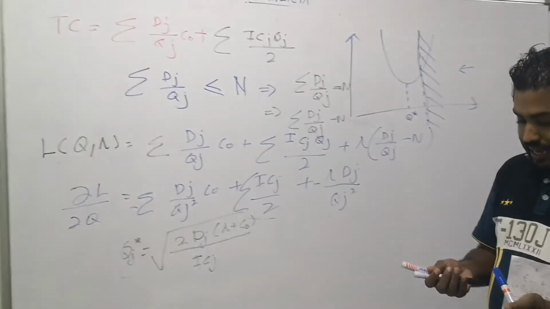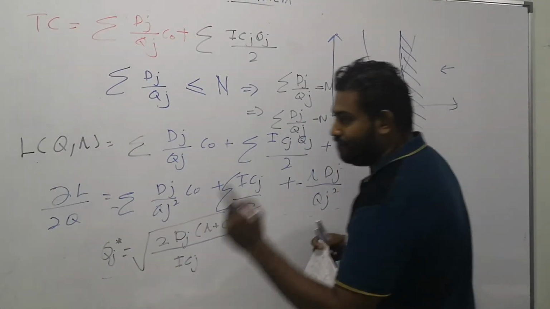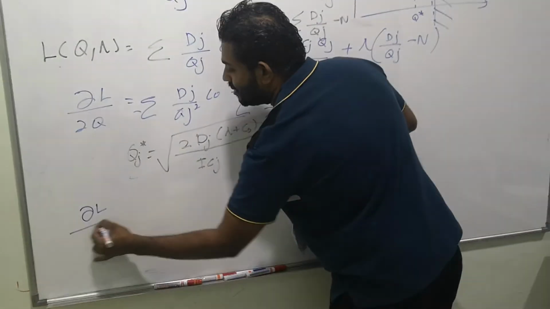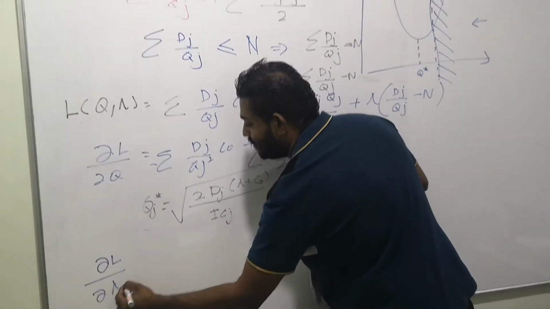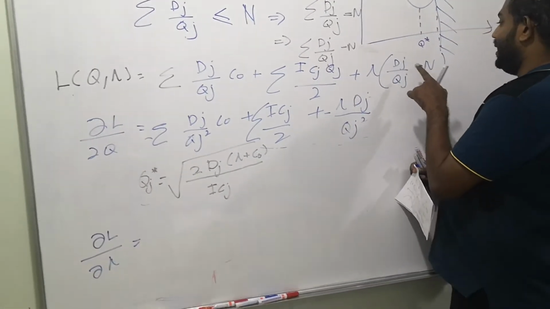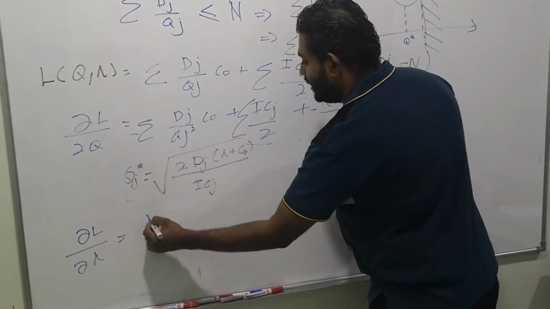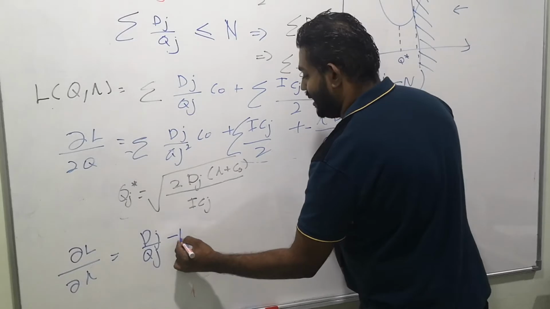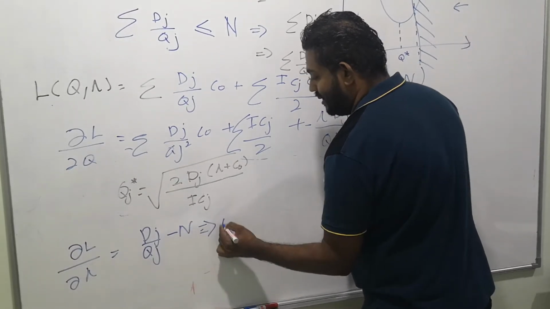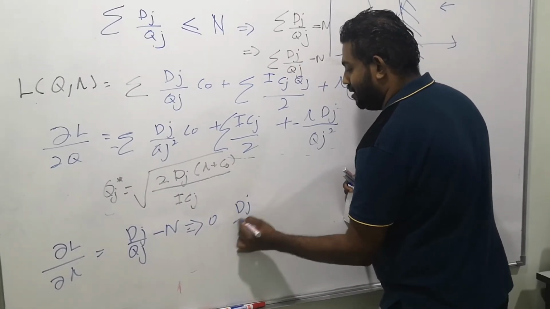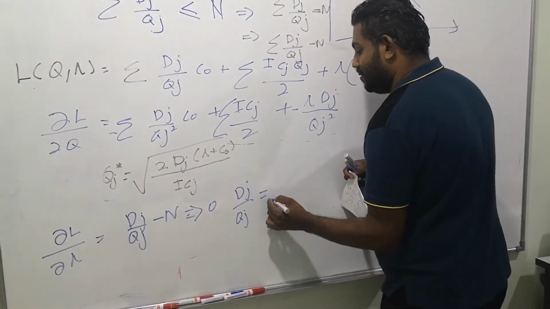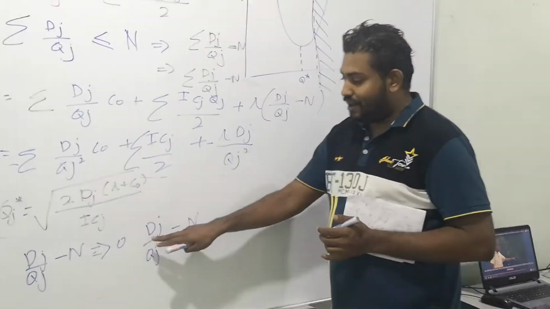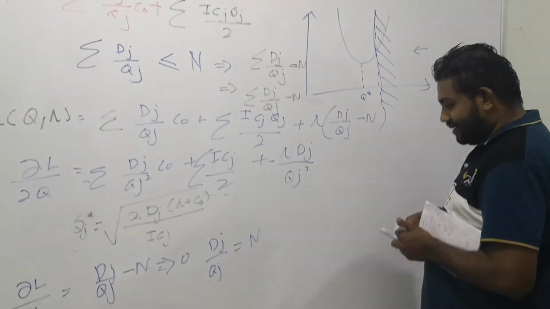How to find the lambda value is easy. Since we are still using the same formula, we differentiate L with respect to lambda, where we get dL over d lambda equals dj over qj minus n, and when we set it to 0, we get back dj over qj equals n. What we should do next: we already know our dj and qj, so we can convert this.